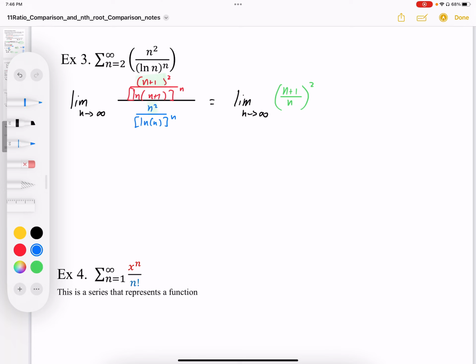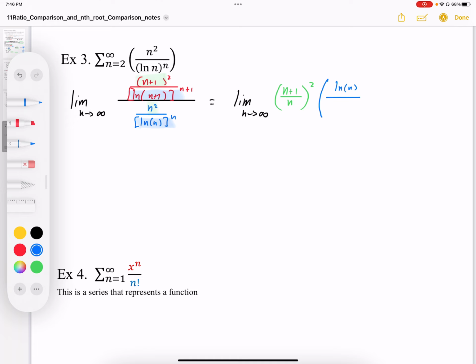And then I'm going to group the other terms, the log terms. I forgot an n plus 1 up here, so that's going to be an n plus 1. And when I group those together, it's going to look like this. The log n to the n is going to be in the numerator.